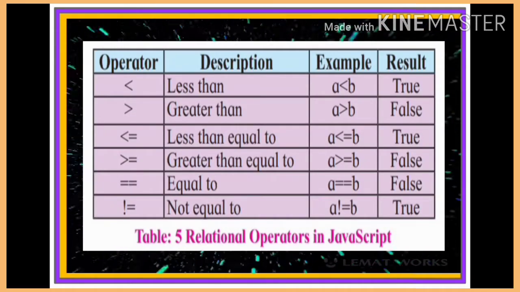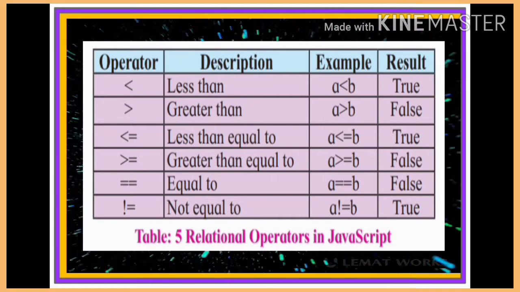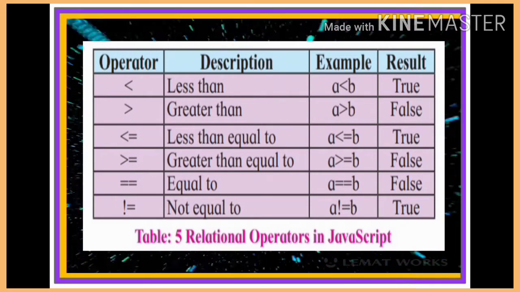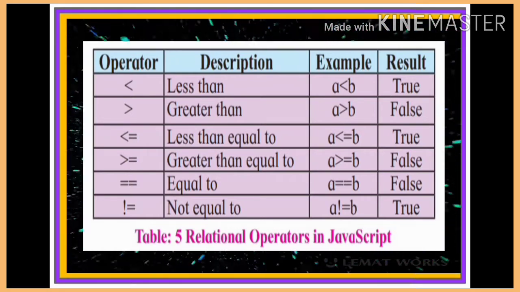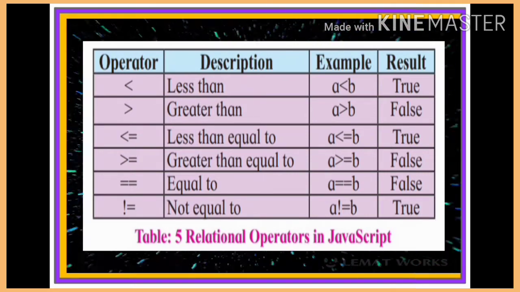In our last part, we have also discussed about the relational operators in JavaScript. Which relational operators? Less than, greater than, less than equal to, greater than equal to and not equal to. So these are the relational operators in JavaScript.